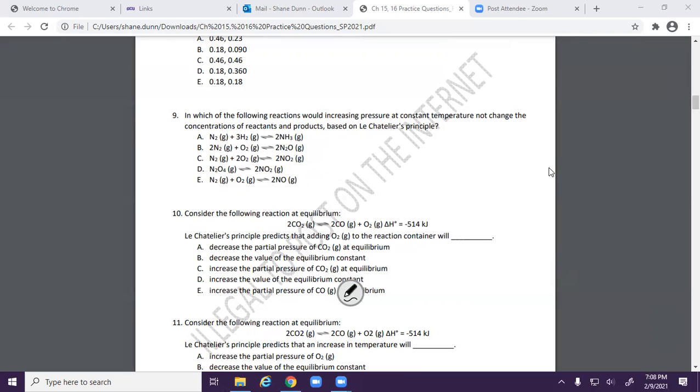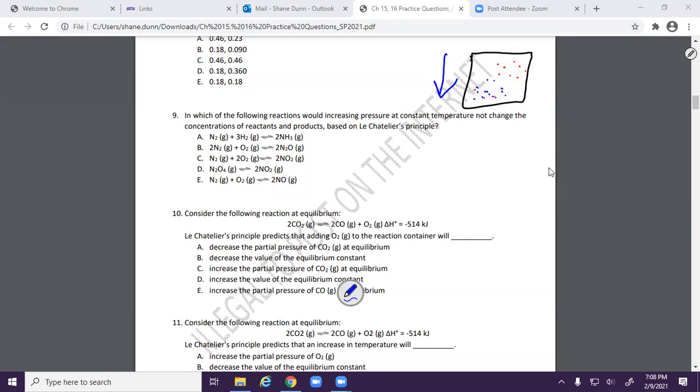So, imagine I have a beaker or a pot, and it is closed. Inside that pot, I have some products and some reactants, right? If I decrease the volume, it's going to affect the ones that have the highest concentration.